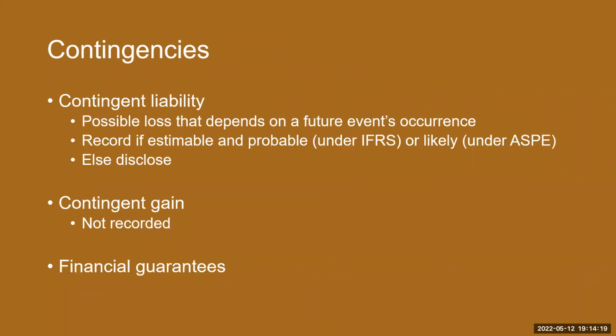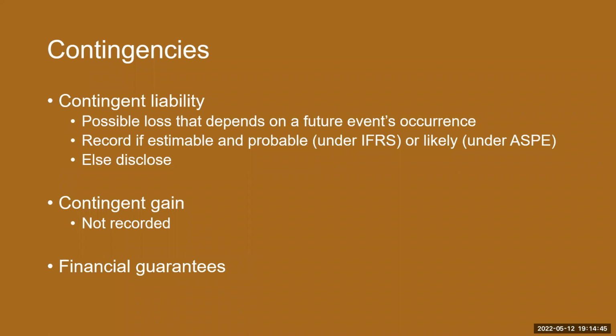And then finally, we've got contingencies that we're going to look at. Contingencies depend on some future event, right? If something happens in the future, then we need to act, we will become liable as a result, and then we will be looking at a contingent liability, and that's going to result in a possible loss for us.